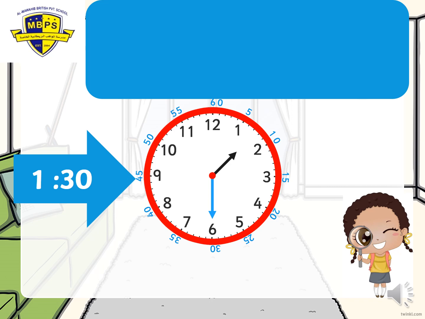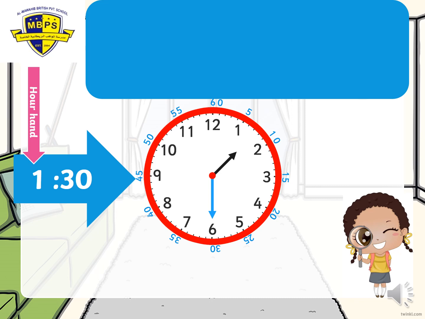I write here the first number 1. Number 1 here points to the hour hand. Look at the hour hand. The hour hand, or the short hand, is between 1 and 2. So I'm not going to say it's 2. Why? Because it still hasn't touched the 2. That's why I will say it's 1.